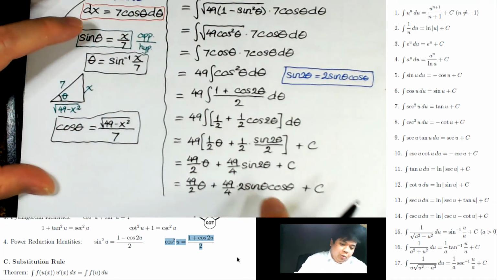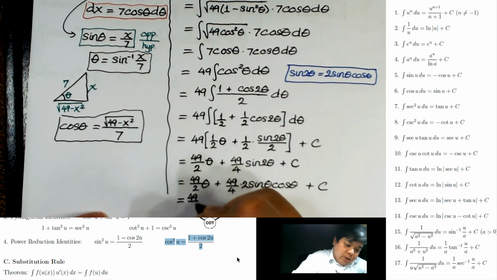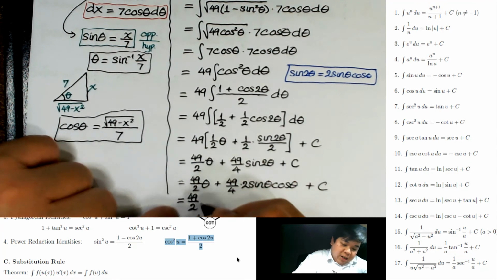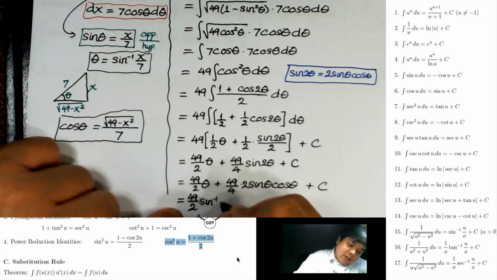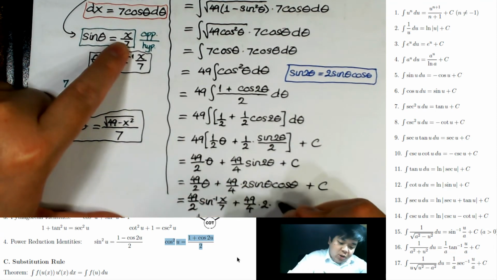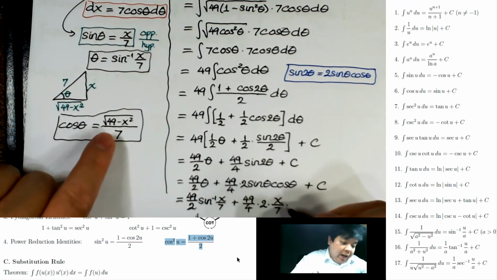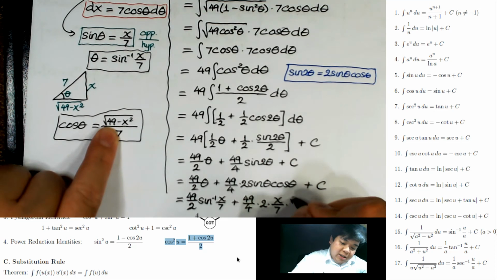Pretty much we substitute into this problem. We have 49 over 2 times theta, which is sine inverse of x over 7. And then 49 over 4 times 2 sine theta, x over 7, and then cosine theta, that.